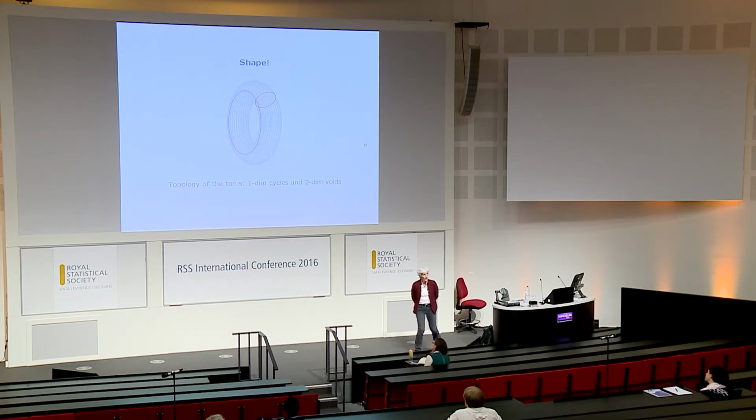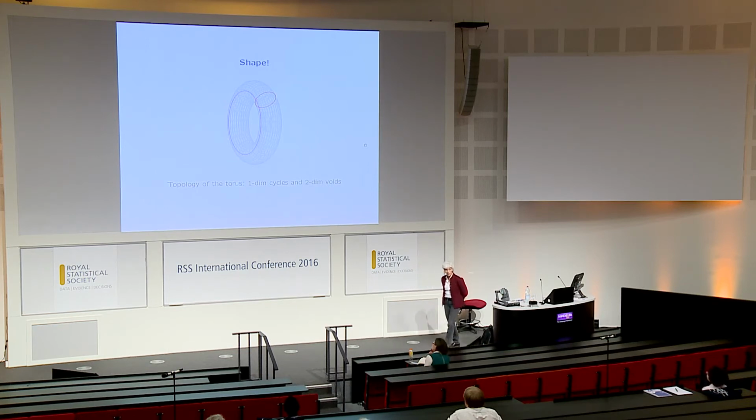So the torus having two one-dimensional cycles and a two-dimensional void, and of course being connected, that completely describes this torus as a topological surface. And that's a very important characteristic, because you might wonder, what would happen if I look at a ball, a sphere?